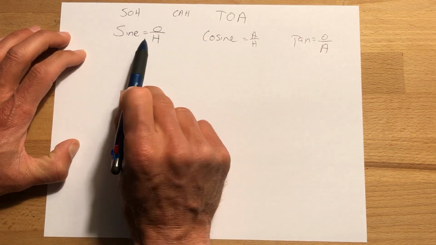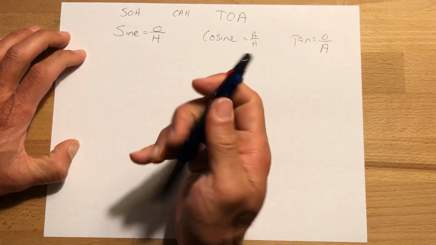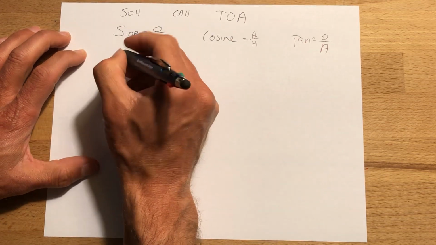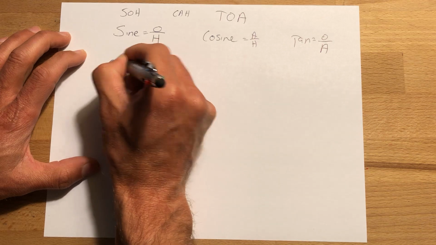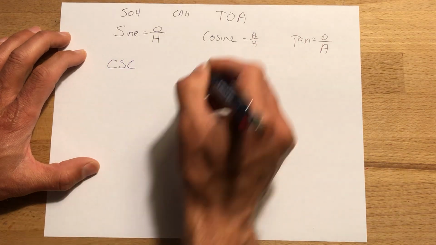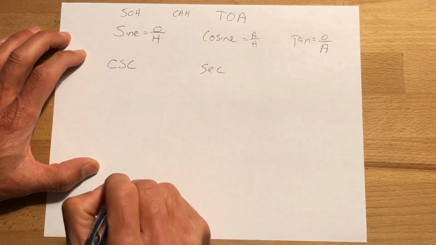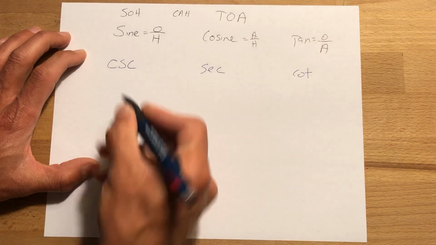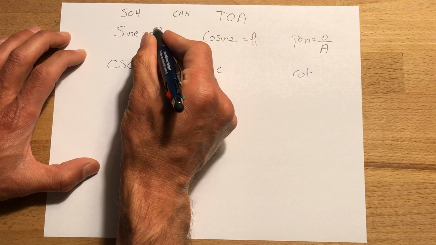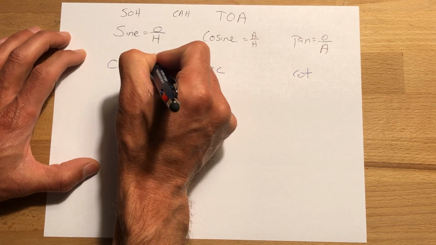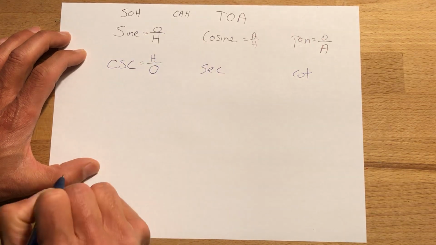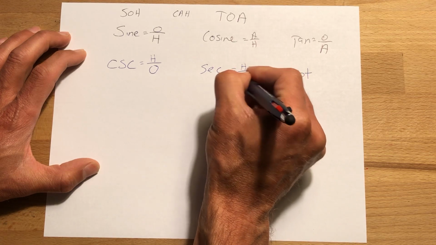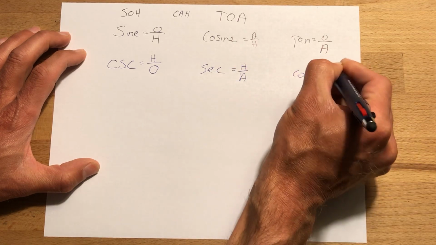These are only 3. The other 3 are called cosecant, secant, and cotangent. And all it is, is the reciprocal: h over o, h over a, and o over a.